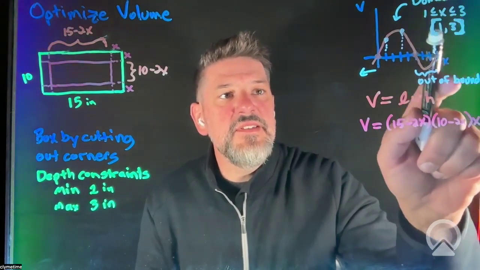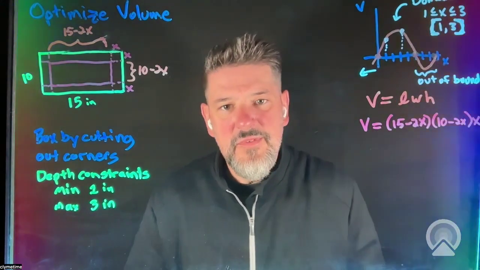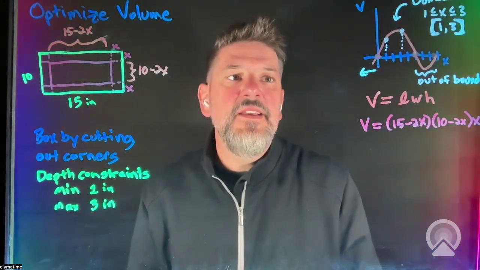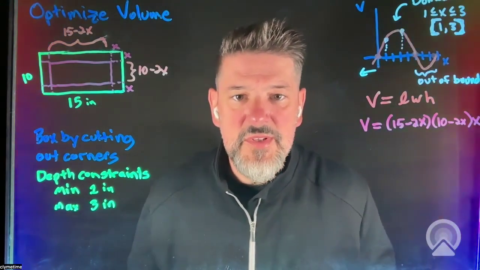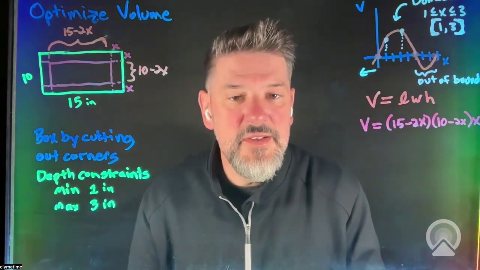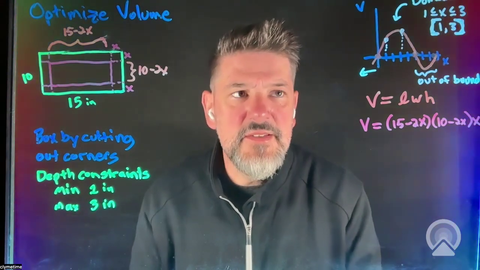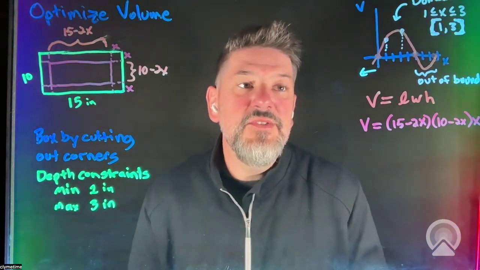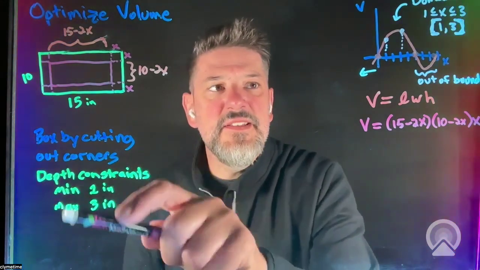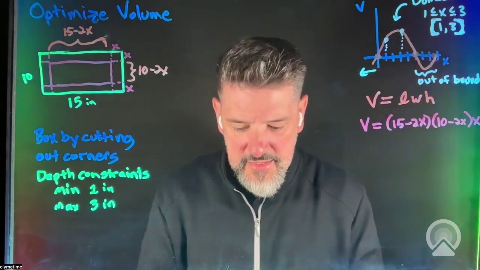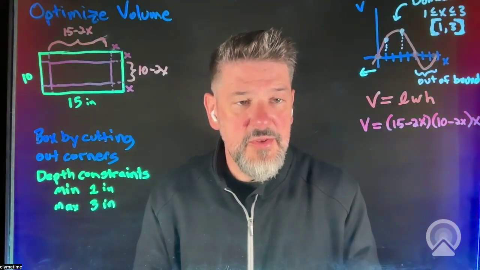So you'd use parentheses instead of square brackets because 0 and 5 would not be included in that case. That's kind of why I put parentheses by default, because a lot of times the endpoints are not included because we have 0 volume, which doesn't make sense. It's not a box at 0 volume. So you can't actually include 0 and 5, but you can have everything between 0 and 5. Well, because they gave us these constraints, we can include 1 and 3.